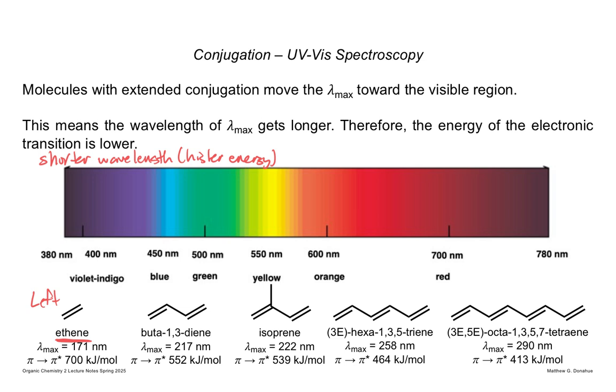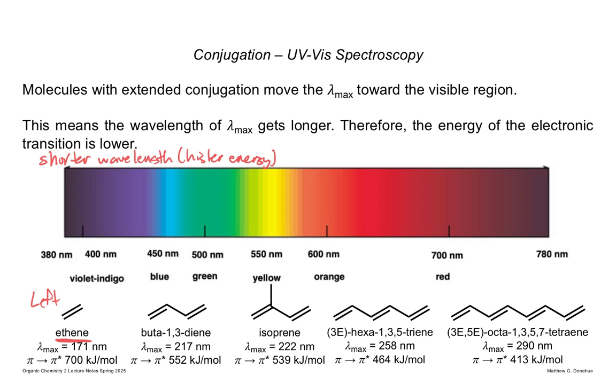As you move from left to right, what does that number do as the compound adds more double bonds? The energy decreases. So what that's telling you is, as you add more double bonds, it's easier for the energy coming in to promote an electron.